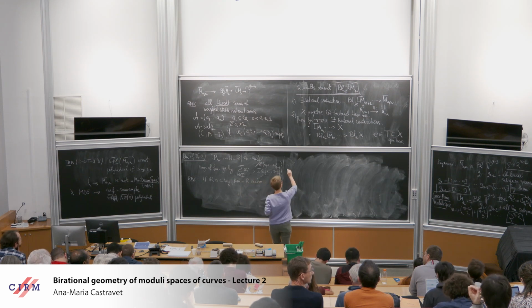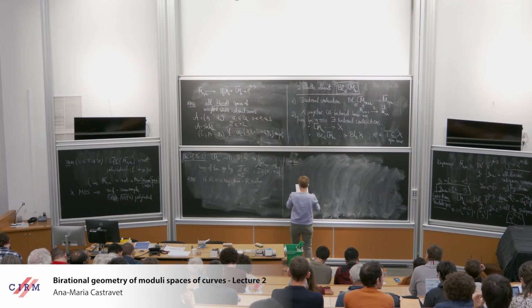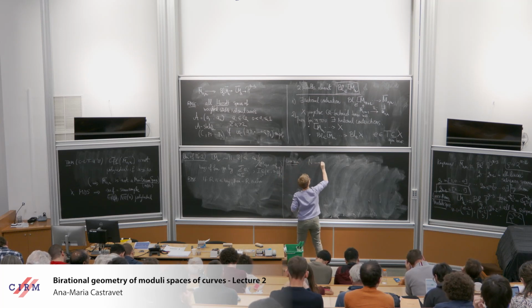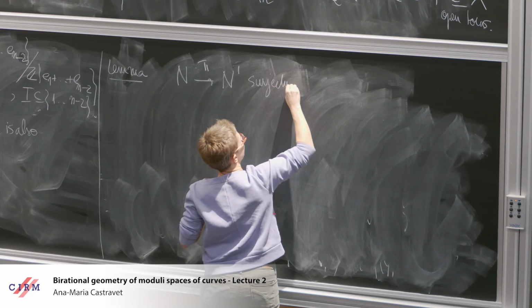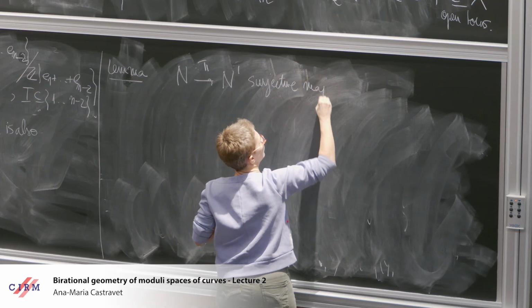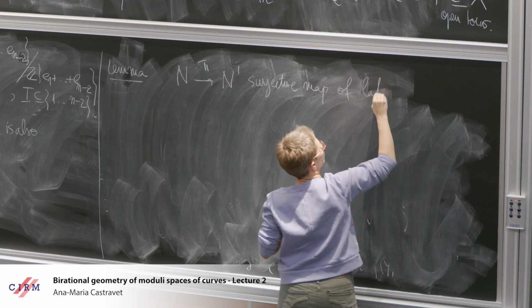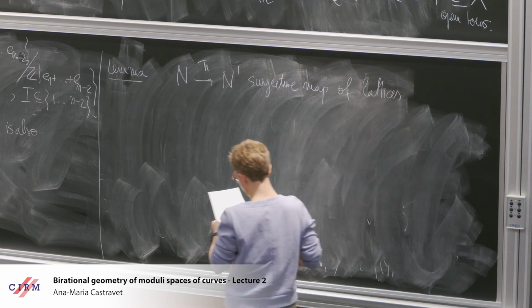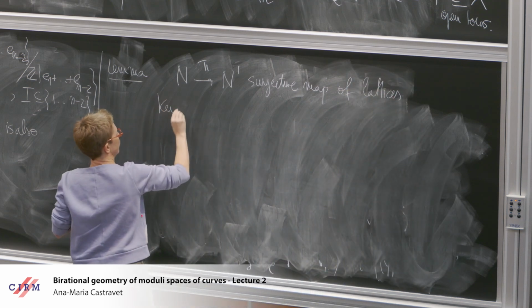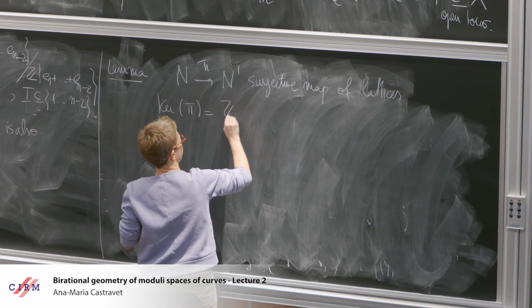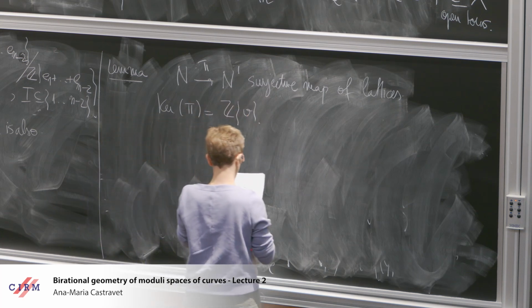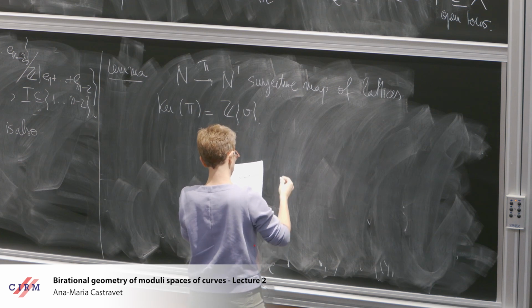This will sound technical, so I will not prove it, but you have a surjective map of lattices, such that the kernel is just one-dimensional, spanned by one primitive vector.